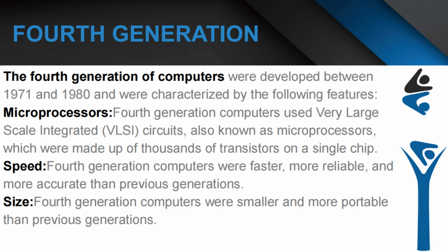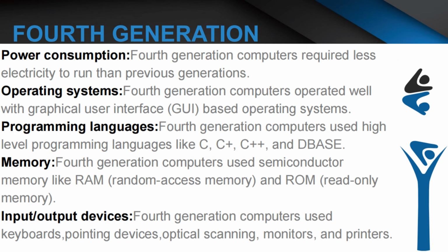Speed: they were faster, more reliable, and more accurate than previous generations. Size: they were smaller and more portable. Power consumption: they required less electricity to run.